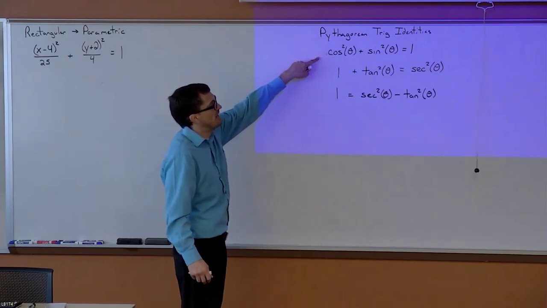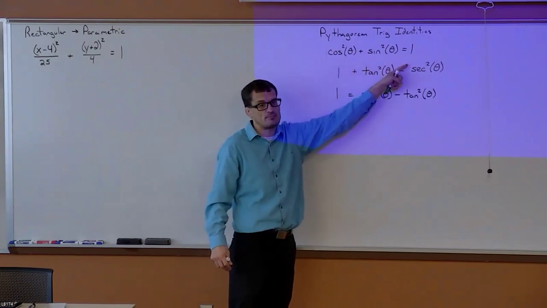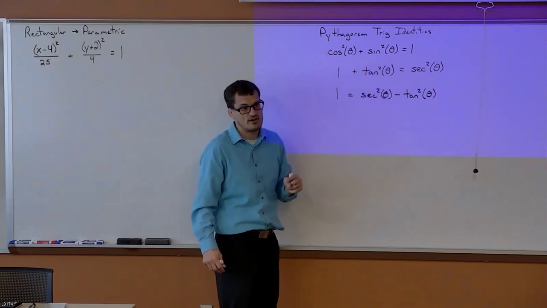So we're going to use our Pythagorean identities. And because we have two things being squared adding up to be equal to 1, we're going to use this identity, right?